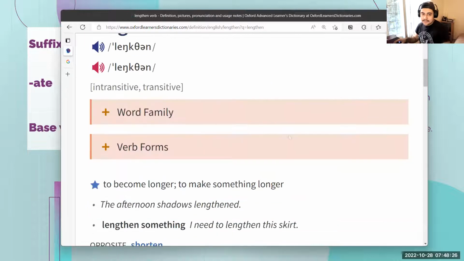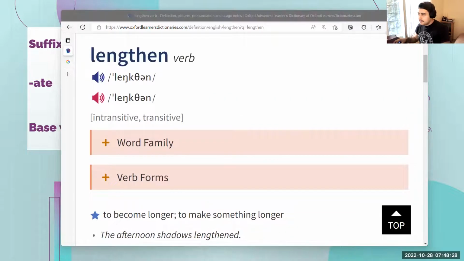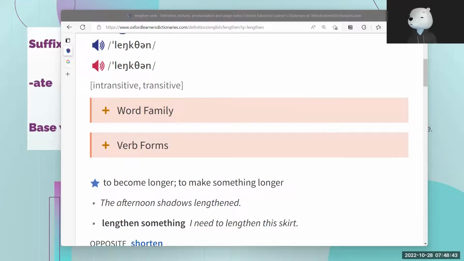It's to become longer, to make something longer. The afternoon shadows lengthen. Yeah. Lengthen something. I need to lengthen this skirt.